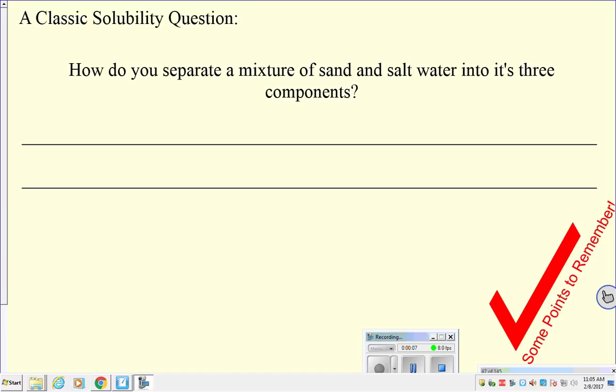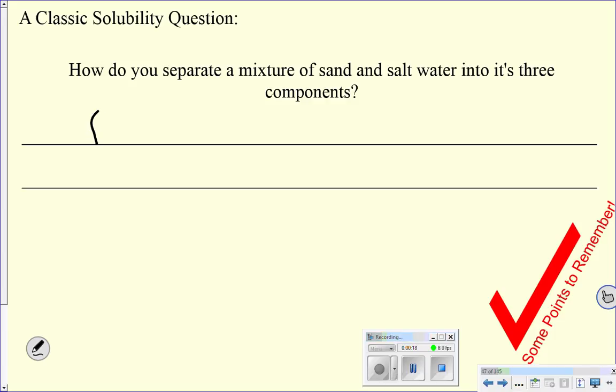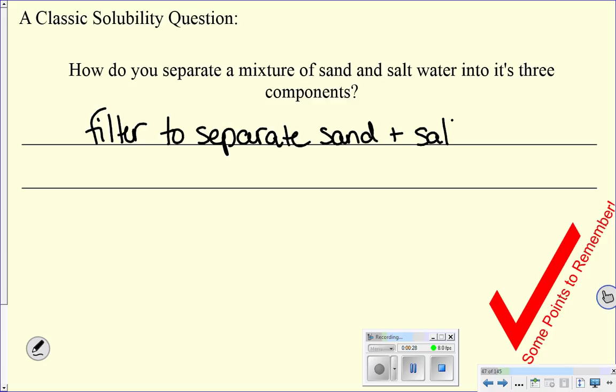So we've talked about this question a few times. If you have a mixture of sand and salt water and you want to separate it into its three components, you'd actually have to do a two-step separation. You first have to filter to separate sand and salt water.